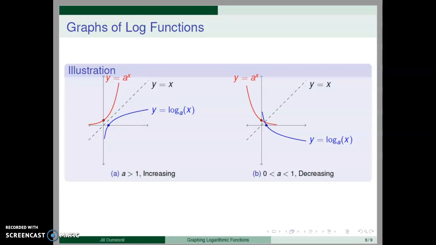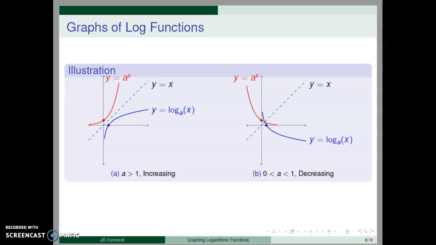For fractional values between 0 and 1, the graph of f of x equal log base a of x has the same basic decreasing shape as y equal log base 1/2 of x did.